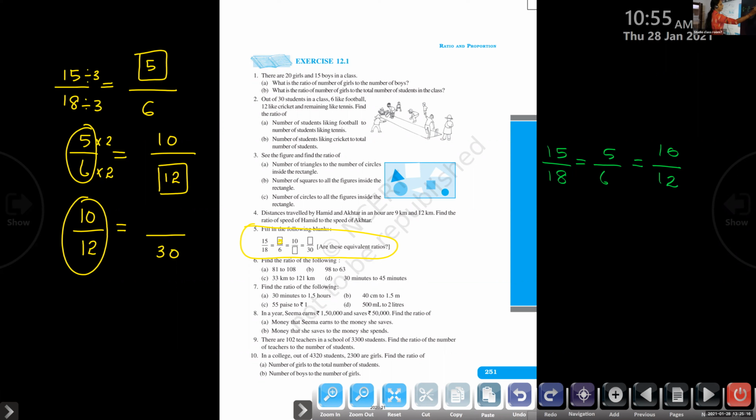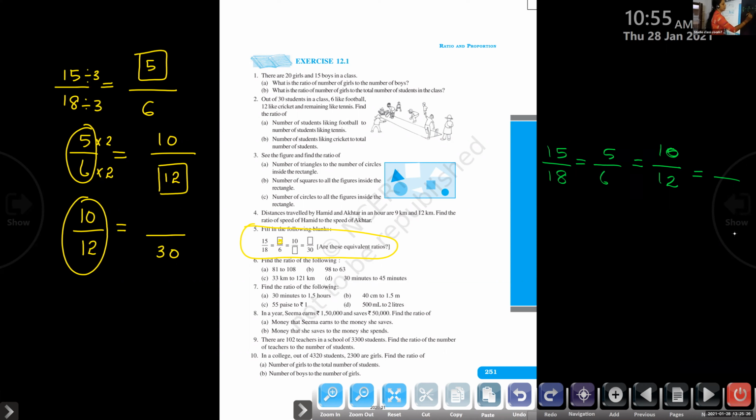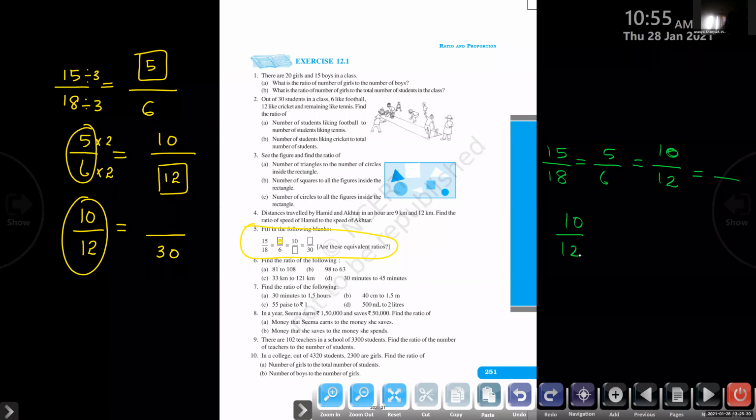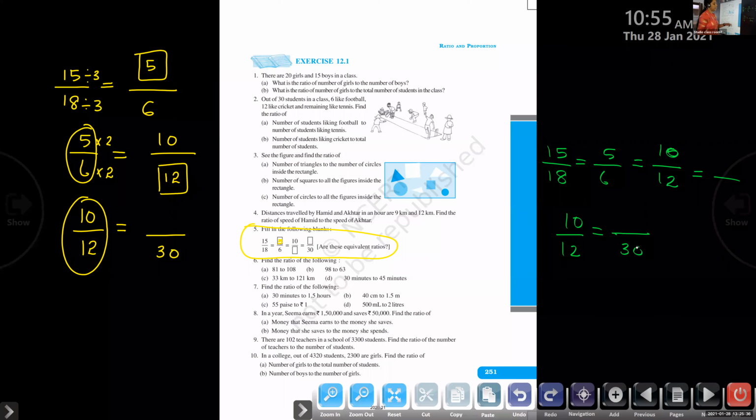10 by 12 and you got this as 30. See, children, equal to 10 by 12 equal to dash. This is 30. 30 is not a multiple of 12.